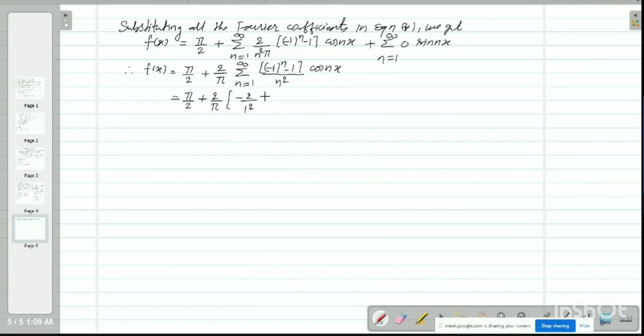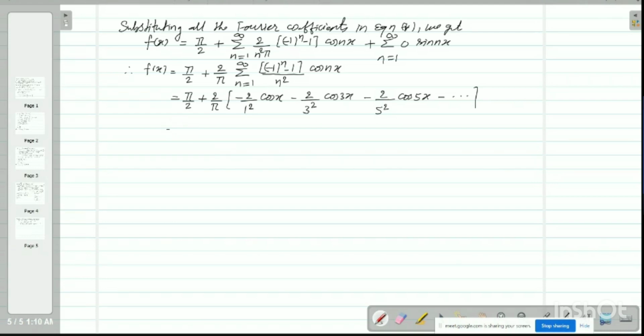Cos x, okay, minus 2 times 3 square cos 3x, minus 2 times 5 square cos 5x, and so on. For the even case this series will be 0, so only odd terms will survive.